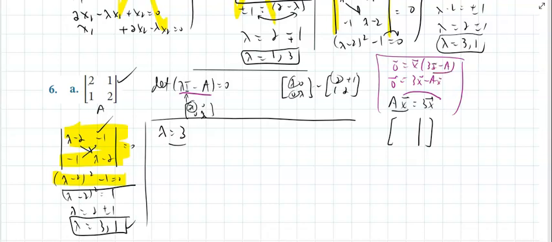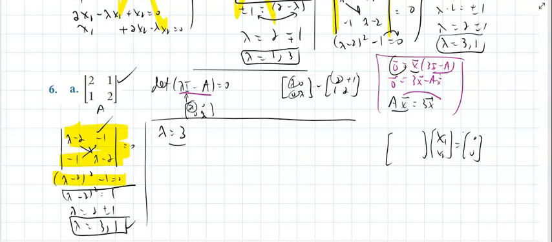Now, isn't this a matrix times x1 here? Isn't this really x is x1, x2 multiplied by this matrix, and that is 0, 0, because that's the 0. And what's 3I minus A?